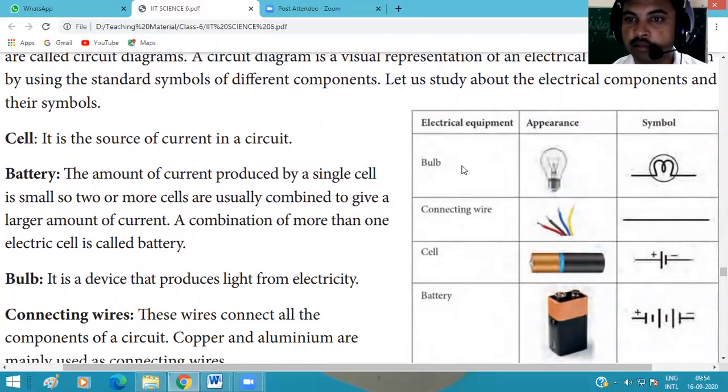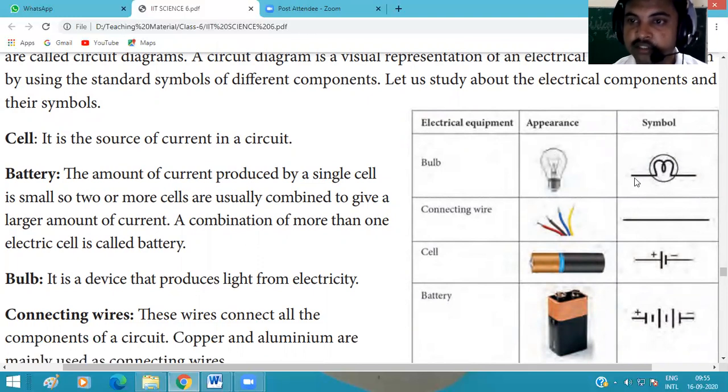The actual bulb appears in this form in nature, in our house or in our colonies, at many places we see. And in the circuit we draw its symbol like this. So it is very simple to draw the circuit.